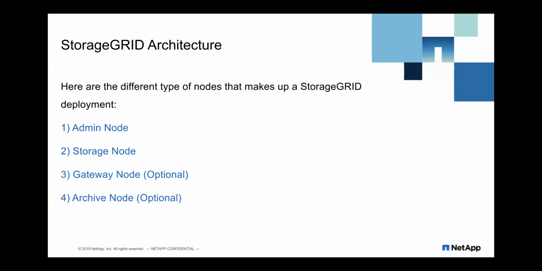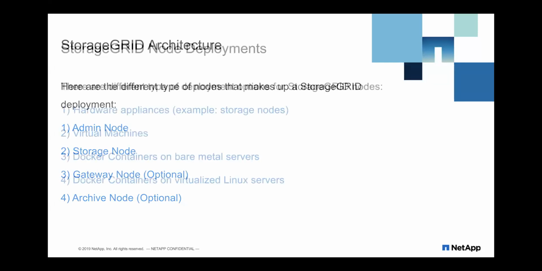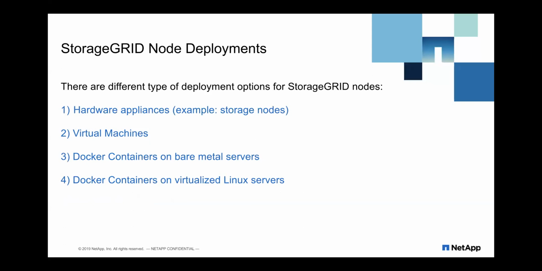Now, StorageGRID node deployment varies. There are different options when it comes to deploying a StorageGRID node. First, you've got your hardware appliances, and those are typically your storage nodes, and we have different types of models and different types of configuration.